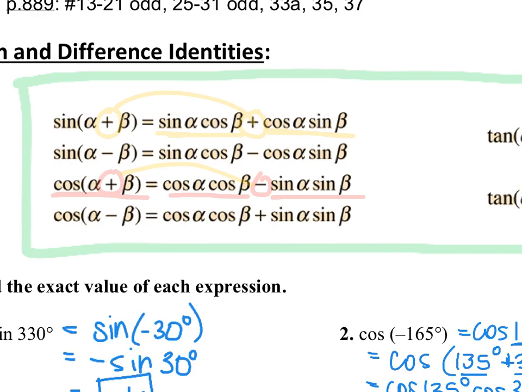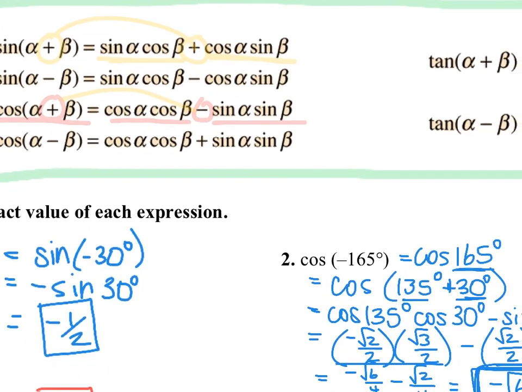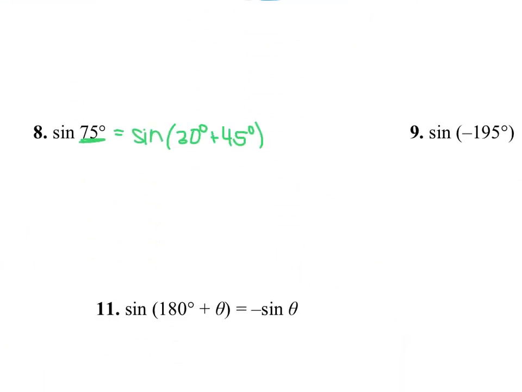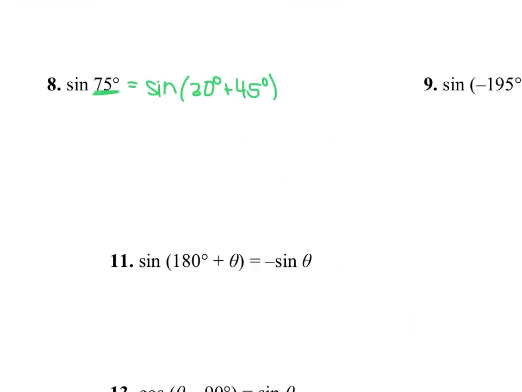So sine cosine plus cosine sine. Then I have sine of the first angle, cosine of the second angle, plus cosine of the first angle, and sine of the second angle.